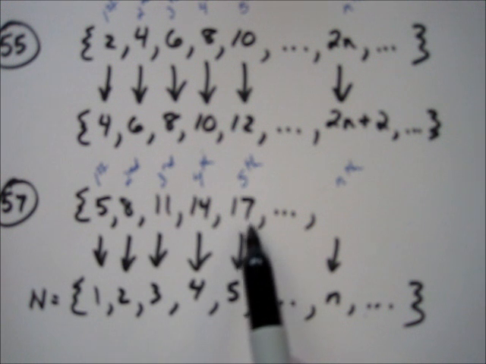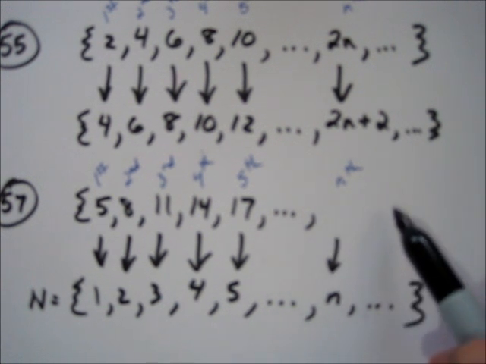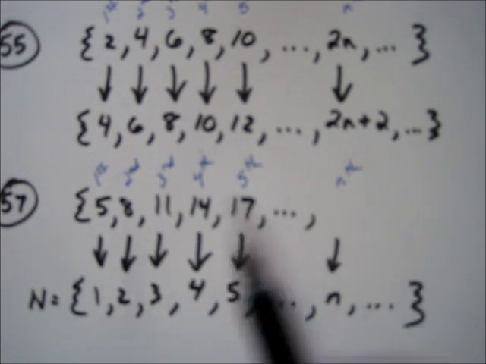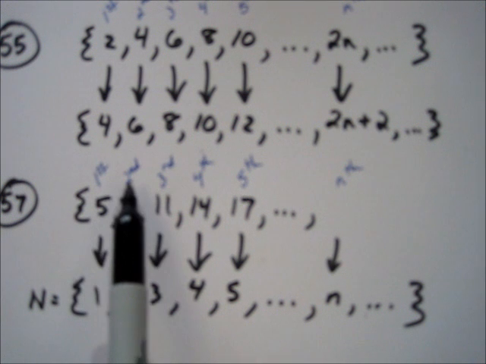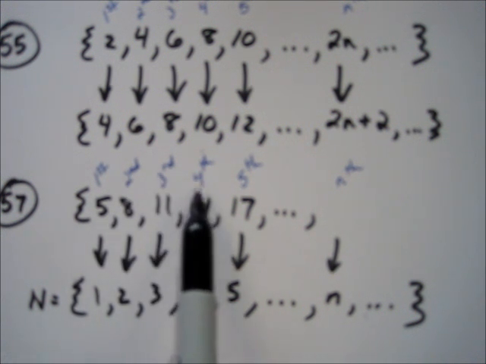What you should notice is that they each skip by 3. Now a common mistake here is to write n plus 3. But that's not going to work because 1 plus 3 is not 5, nor is 2 plus 3, or 3 plus 3 11, or 4 plus 3 14.